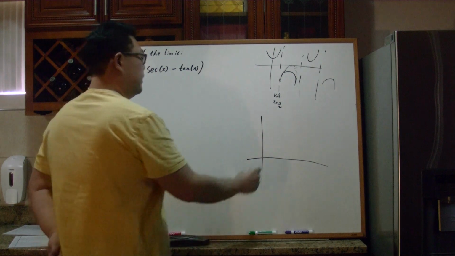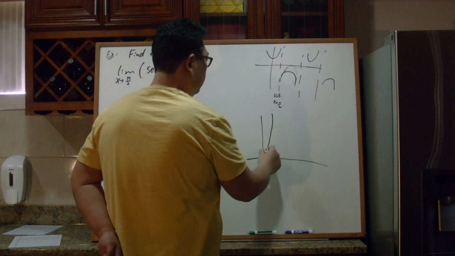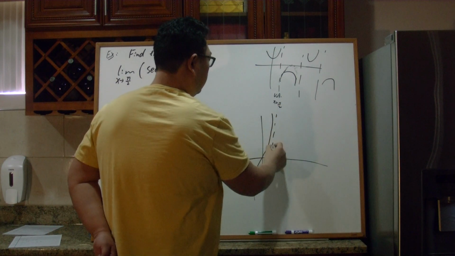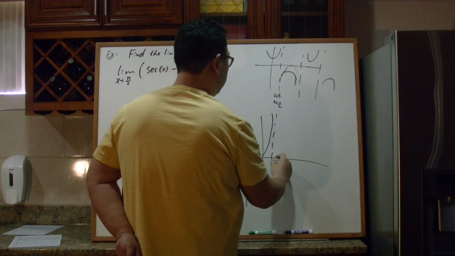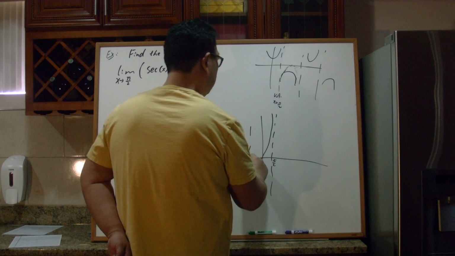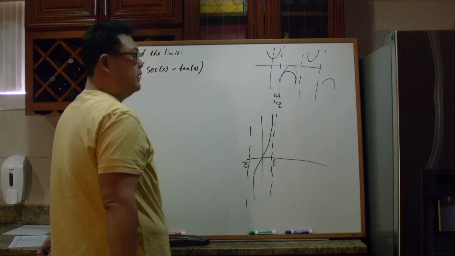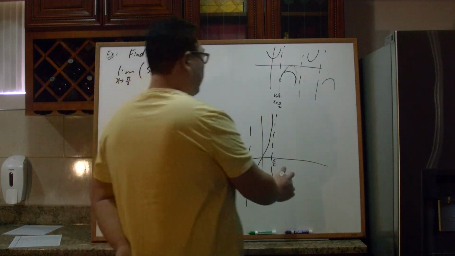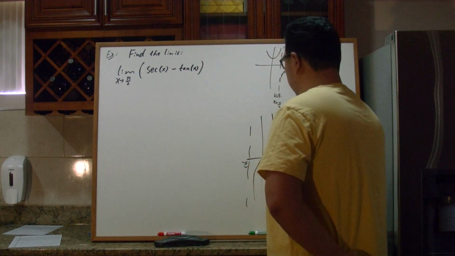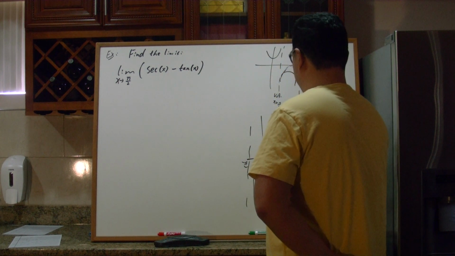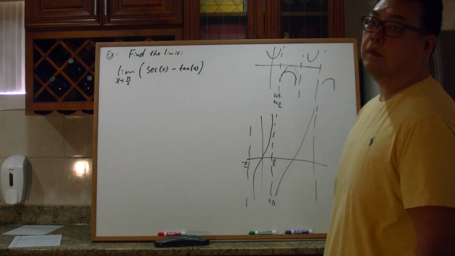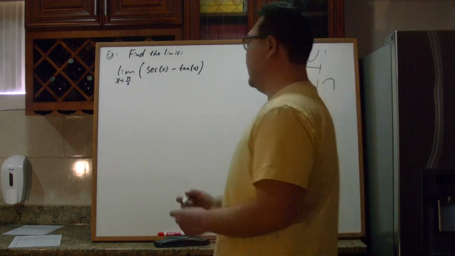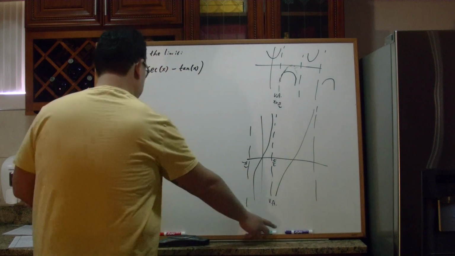Also tangent is similar, a sine over cosine that has a period of pi, and for every pi, starting initially at pi over 2, it has a vertical asymptote, and so on. Right, so both of them are infinity over minus infinity, the indeterminate form.